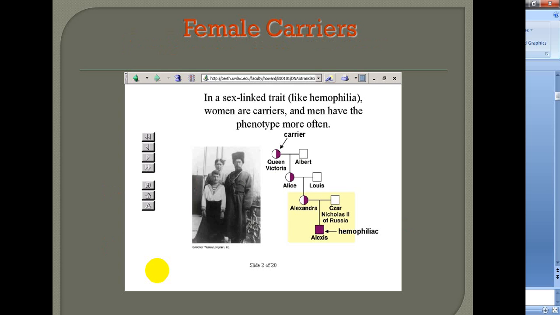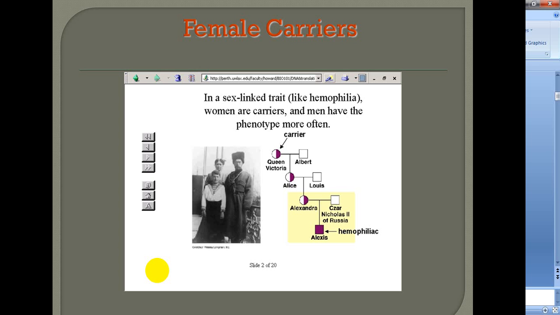In sex-linked traits, there are certain gene diseases associated with the X chromosome, like hemophilia, where women are carriers and men show the phenotype more often, because this is associated with the X chromosome, and in the male there is only one X chromosome and the allele is recessive. So whenever this gene is present on the X chromosome, the male suffers from the disease.